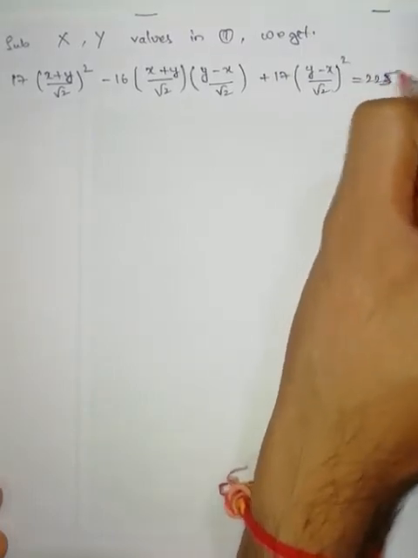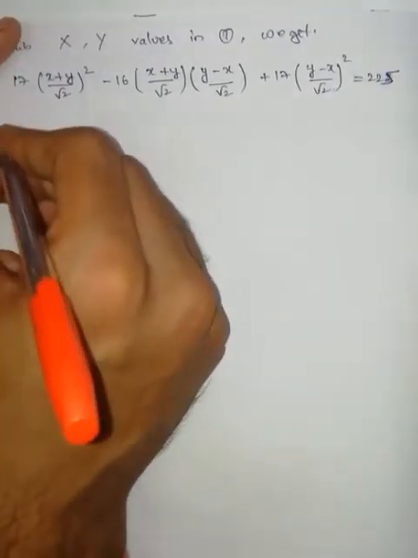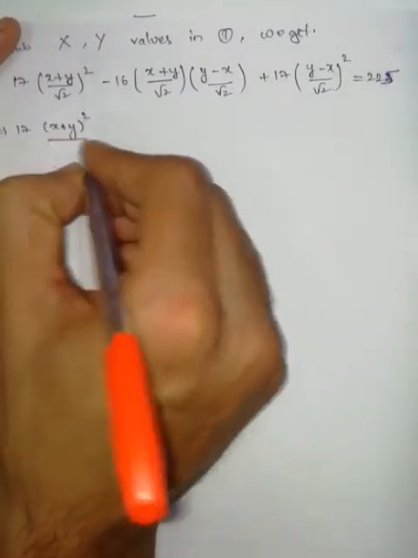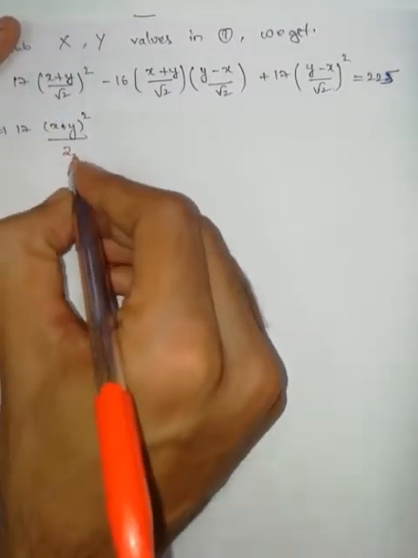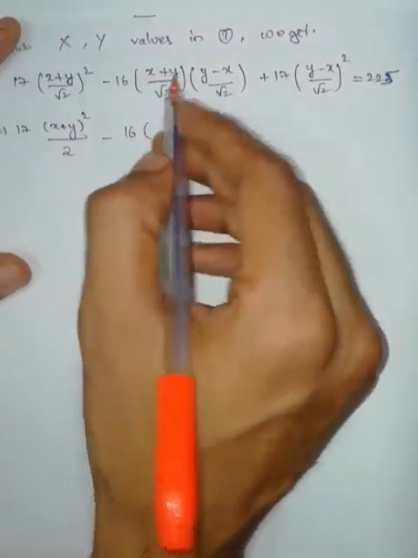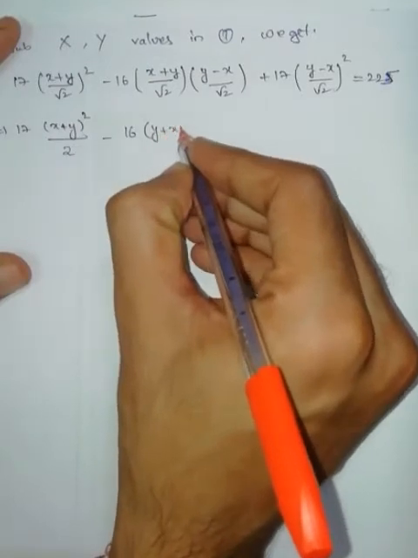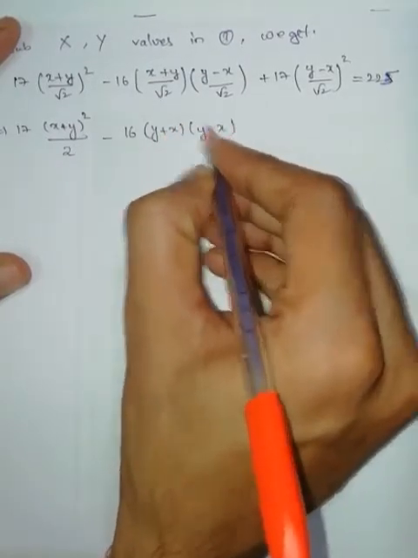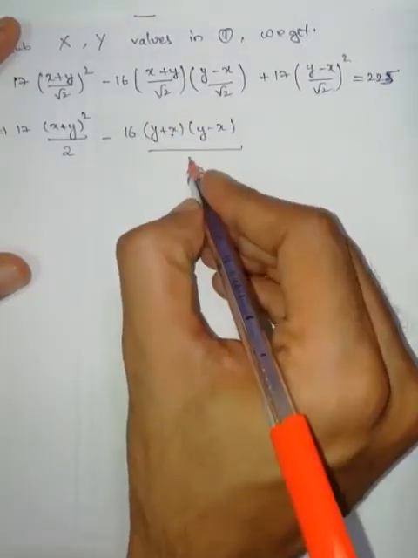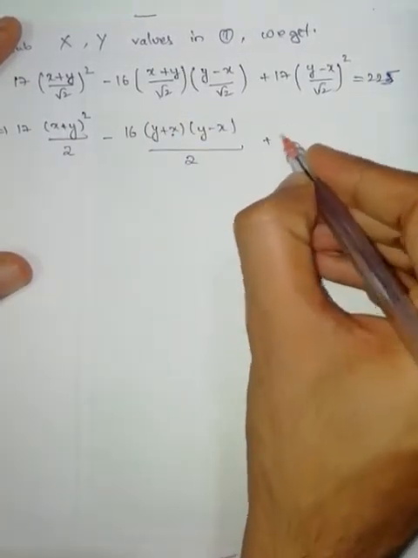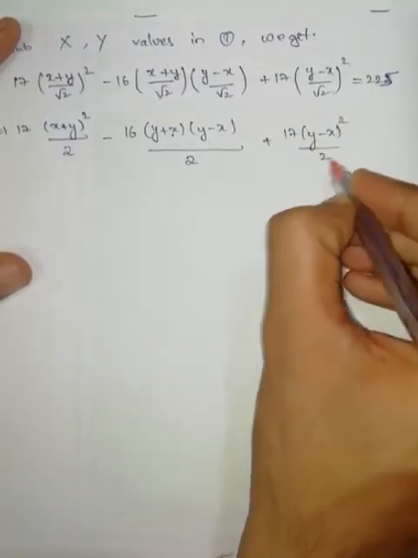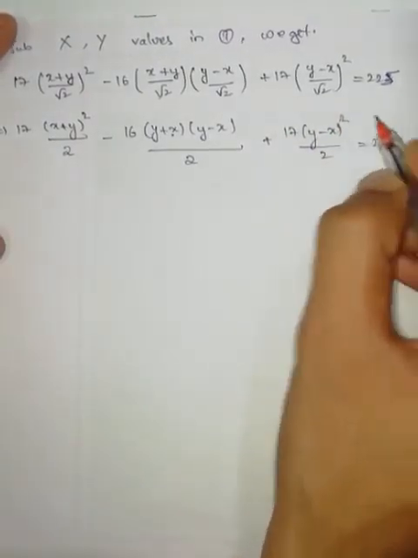This implies 17 (x plus y) whole square by 2, minus 16 (y plus x)(y minus x) by root 2 into root 2, that is 2, plus 17 (y minus x) whole square by 2, is equal to 225.